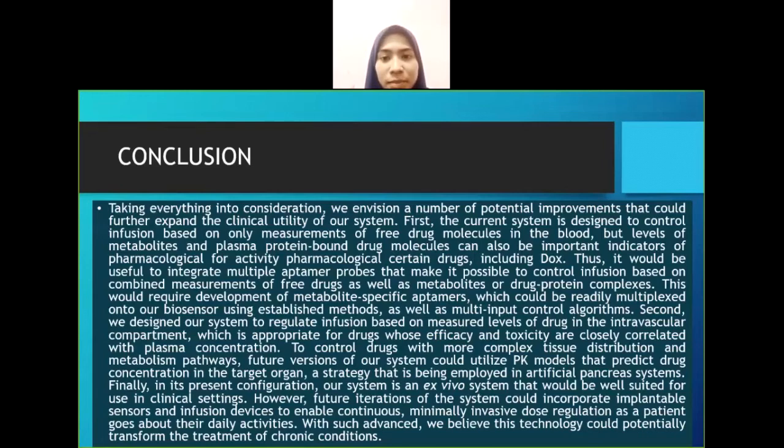First, the current system is designed to control infusion based on only measurements of free drug molecules in the blood, but levels of metabolites and plasma protein-bound drug molecules can also be important indicators of pharmacological activity for certain drugs, including dogs.